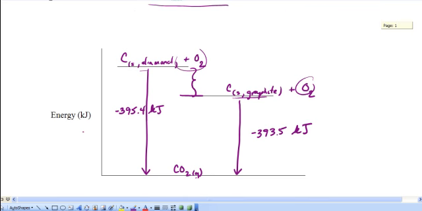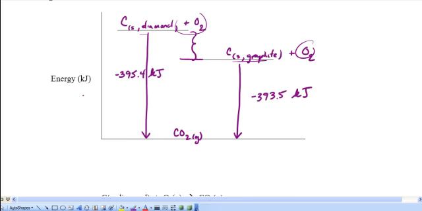Another way that you could think of this is by simply adding up the equations. So instead of having this reaction going in this direction, which would release 393.5, you could switch the direction and say we're going to go from carbon dioxide and break it down into carbon, the graphite, and oxygen. That would have to add 393.5 kilojoules.